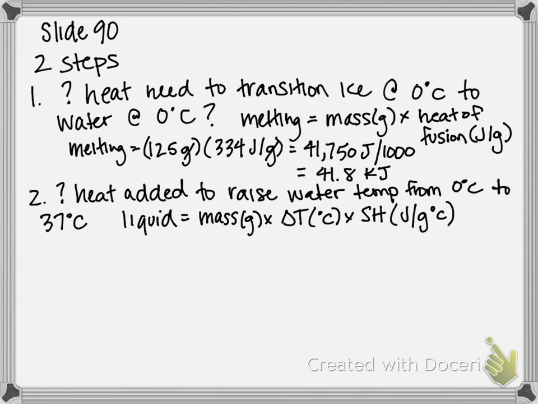So before we start plugging stuff into this equation, I'm going to figure out what my change in temperature is, which you can probably do in your head, but I'm going to show you how to do this calculating. So change in temperature, it's final minus initial temperature, so it's 37 degrees minus 0 degrees Celsius, which is 37 degrees Celsius.